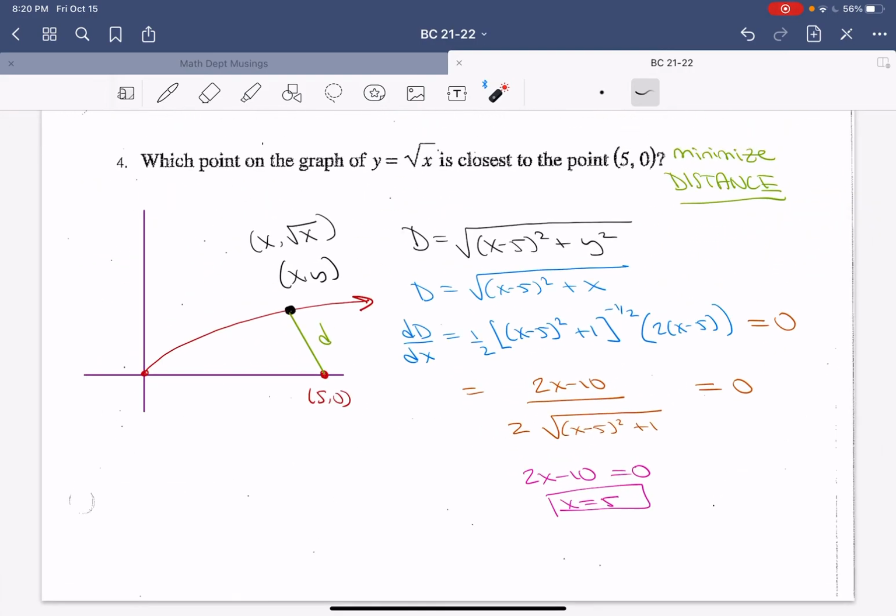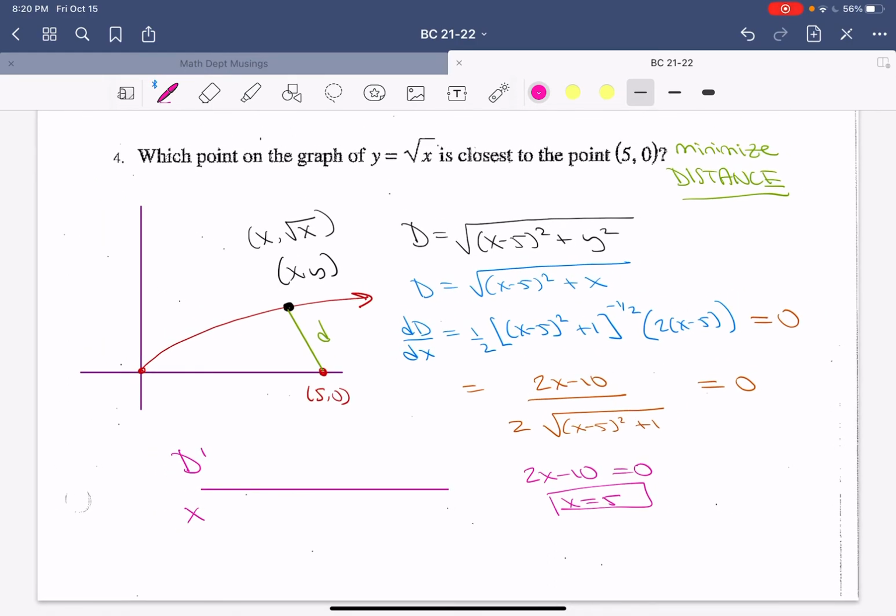So I'm going to make my number line over here. Here's my d prime number line. Here are my values for x. And the nice thing about optimization questions that are word problems is we can incorporate commonsensical domain restrictions, right? I think you'll agree here, for example, the x value is never going to be 0 or negative.